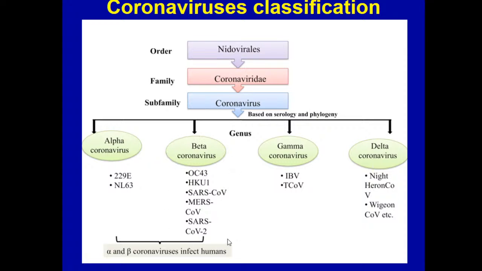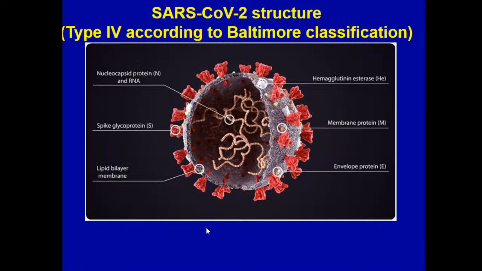And especially beta coronavirus genus is responsible for giving us new emerging coronaviruses: SARS-CoV, MERS-CoV and SARS-CoV-2. So they are all beta coronaviruses.